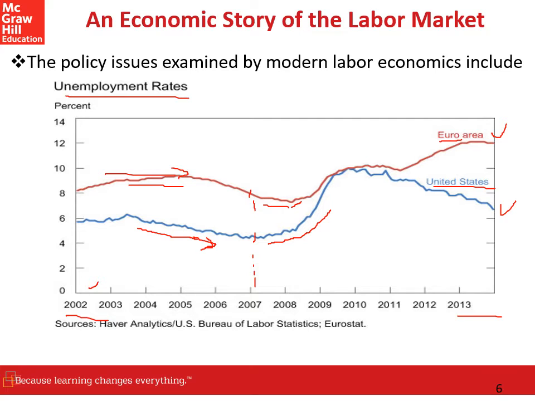The two were equalized in 2009, and after 2009, the unemployment rate started to decrease in the US, while the unemployment rate started to increase in Europe. The gap between these two unemployment rates started to widen, getting bigger and bigger.